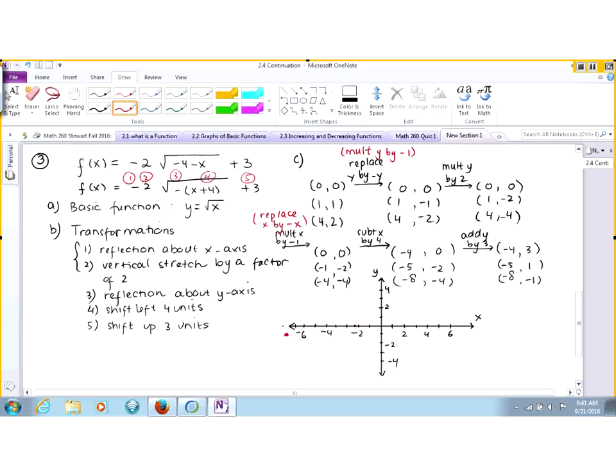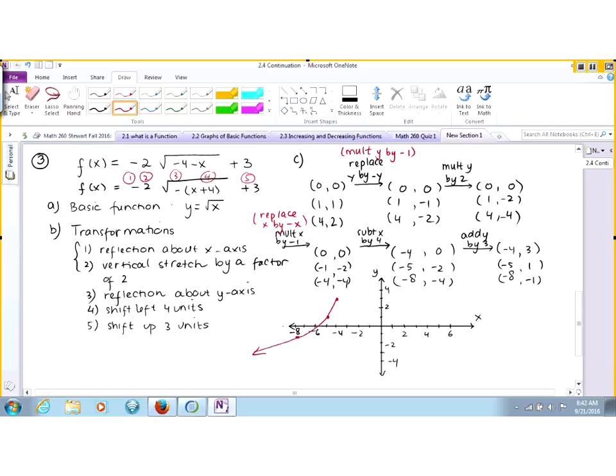Oh, I labeled that wrong? 2, 2, oh, 4. Yeah, I think I did label it wrong. So this is -4, -6. Oh, yeah, you're right. Yes, you are completely right. -8, comma -1. And then -5, comma 1. And then -4, comma 3. All right.